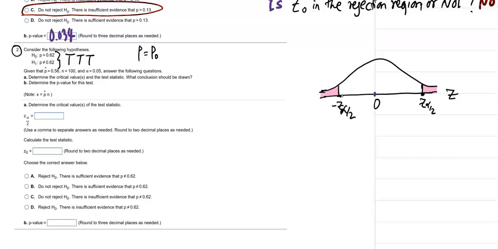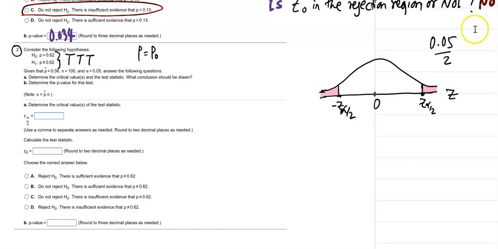I'm looking for both critical values because the question asks to determine the critical values of the test. To find them, I need the area on each side. Notice that the level of significance alpha is 0.05, so this area plus this area is 0.05. Each area is going to be 0.05 divided by 2.